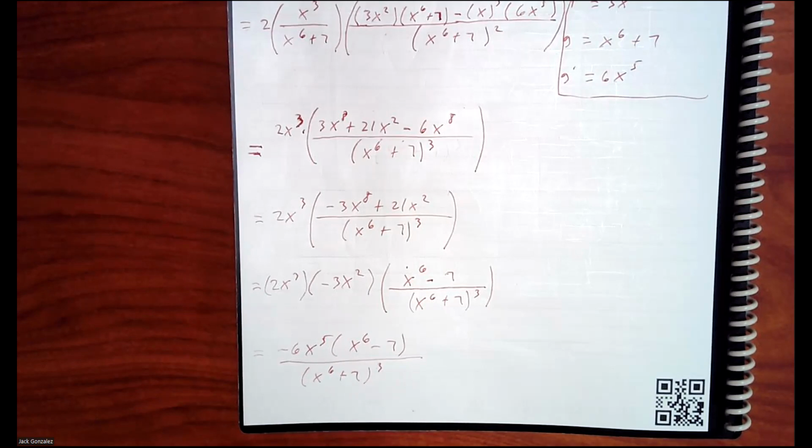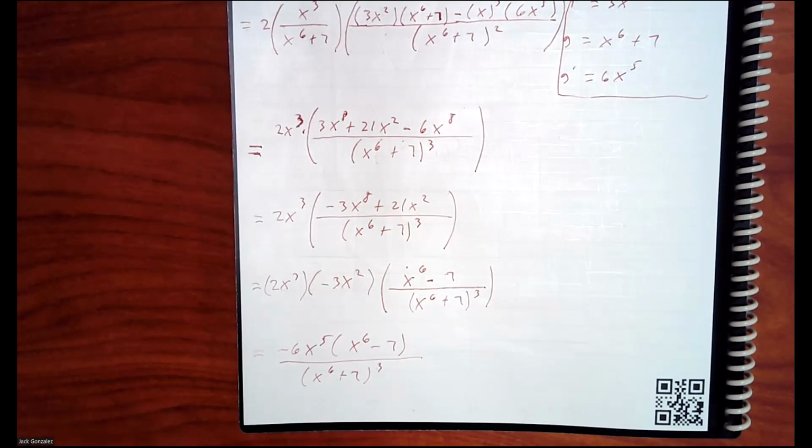If there's a single power, there is no outside function. But if you see any other number, 2, 3, a half, anything other than 1 on the parentheses, it's going to be a chain rule, unless the inside is really simple, like a single x.